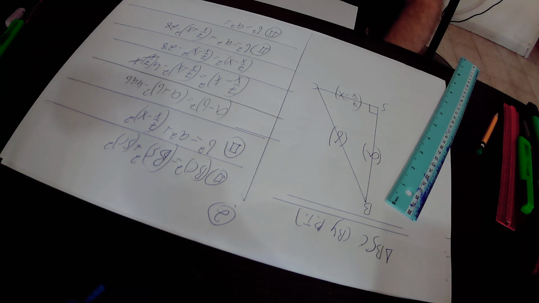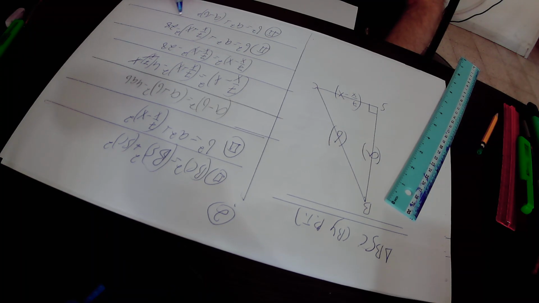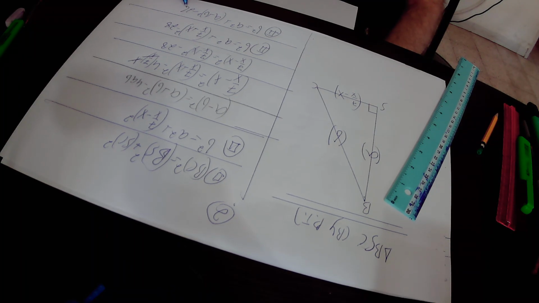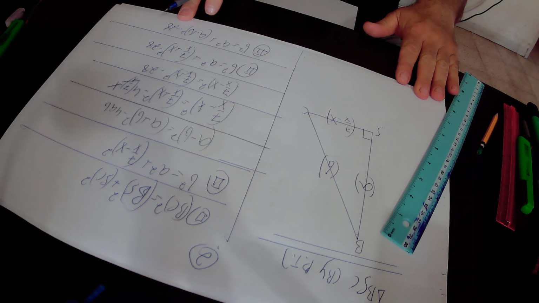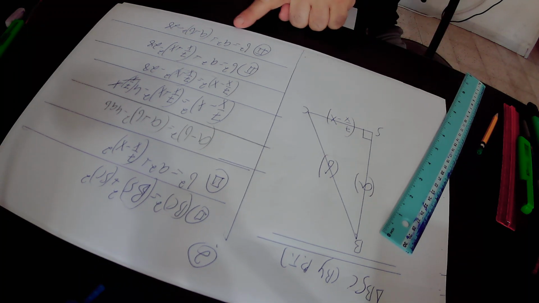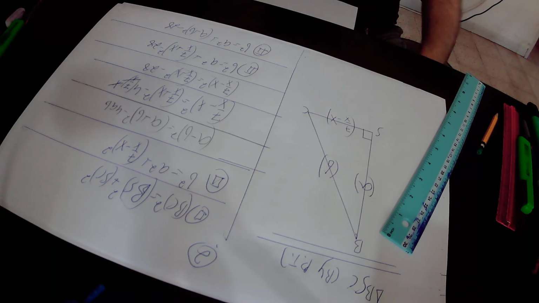Therefore, we can substitute (7 over x plus x) square here by (a plus b) square according to equation 1, and we also have to subtract 28. So in conclusion, b square equals a square plus (a plus b) square minus 28.